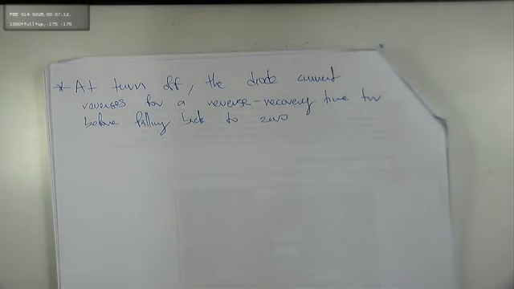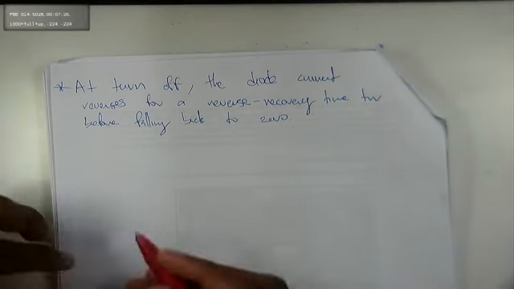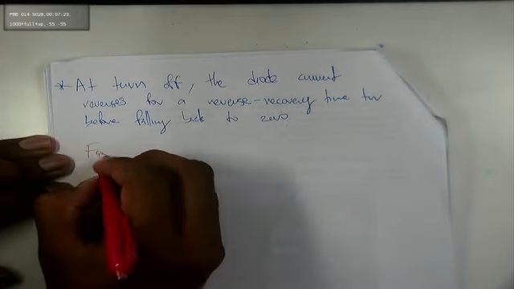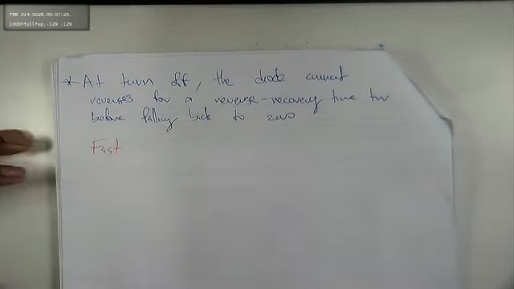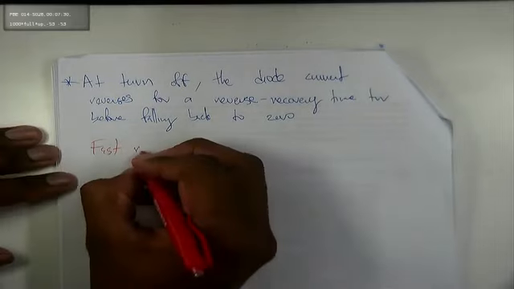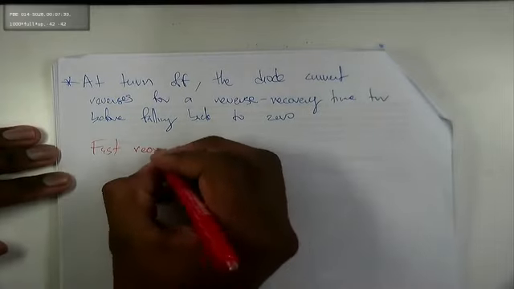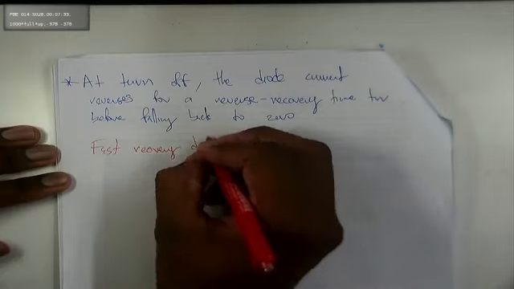Now that was the power diode. We have some other kinds of diodes. So one of them is a fast recovery diode. Since recovery time is a problem, we have a fast recovery diode.